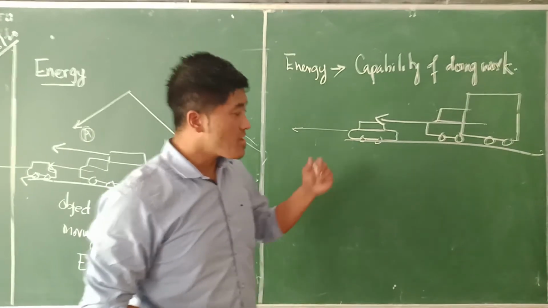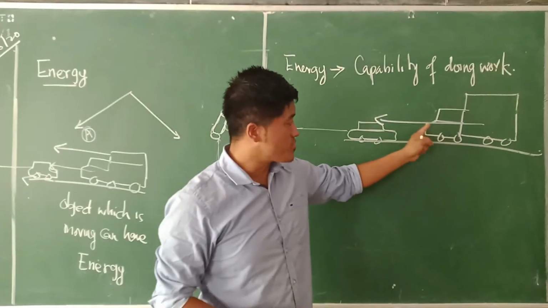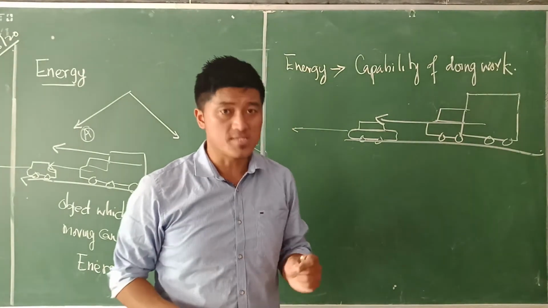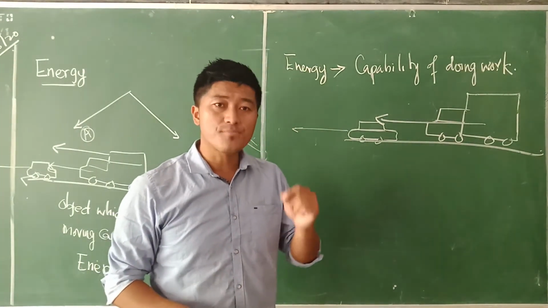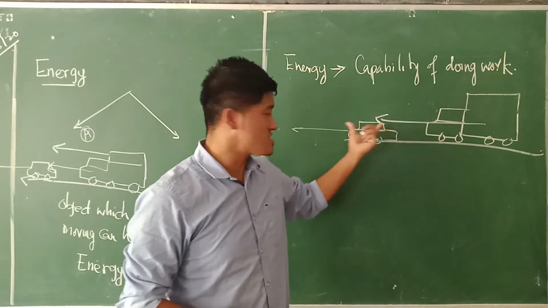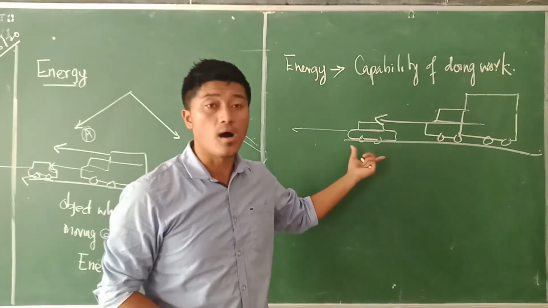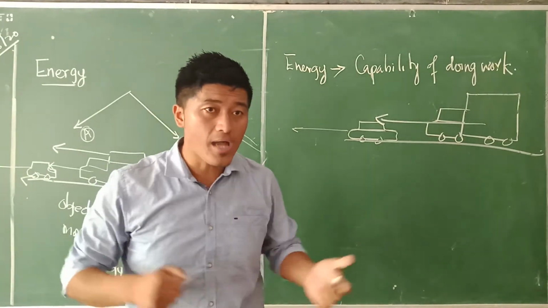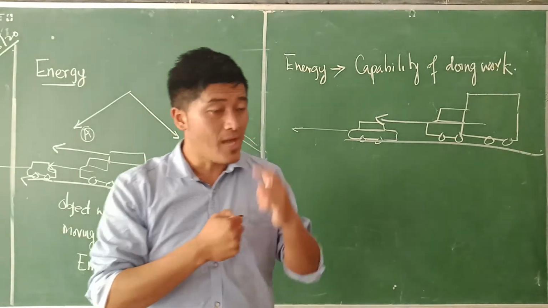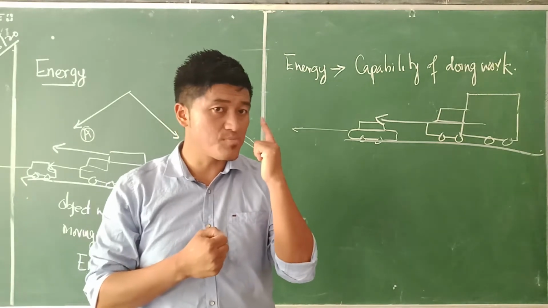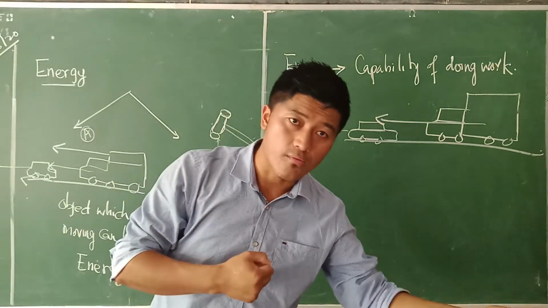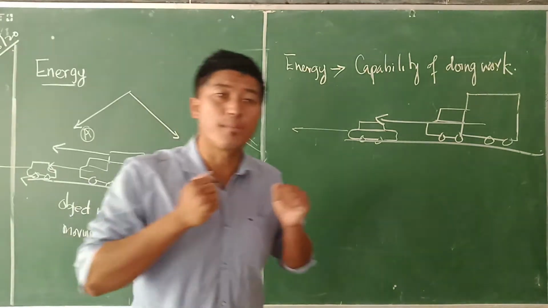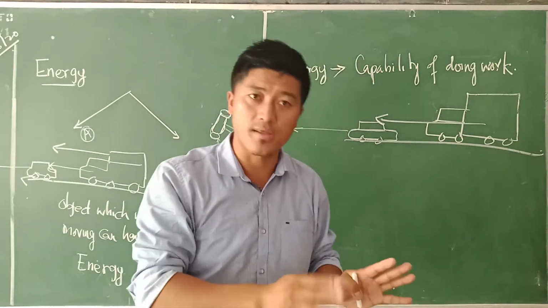Now, can we confirm that this moving object has some sort of energy? Yes, because in the absence of that energy, it won't be able to cause any kind of destruction to this car. For example, if I am running and all of a sudden I collide with a person who is at a stationary position, he is going to fall down. Now, why is he falling down? Because I am exerting some amount of energy on that person there.